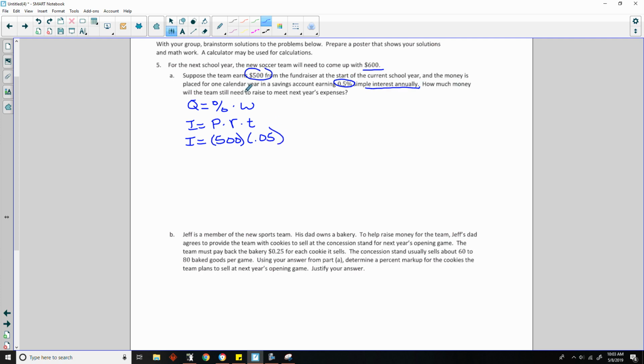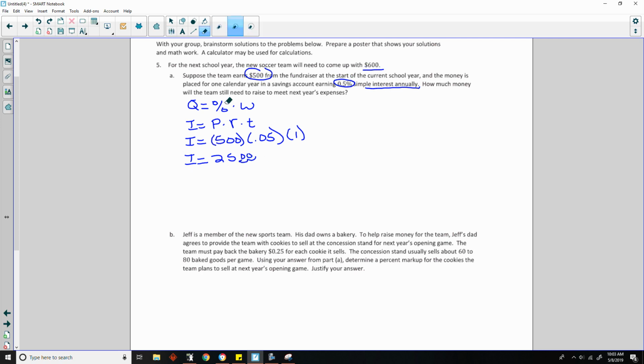The money's placed in for 1 calendar year, so that time is 1. So the time in this case is irrelevant because that's our multiplicative identity. So our interest that we're going to earn is going to be 500 times 0.05. That's easy to calculate. It's 5 times 5 is 25 with 2 zeros, but these 2 decimal places move the decimal 2 places to the right.